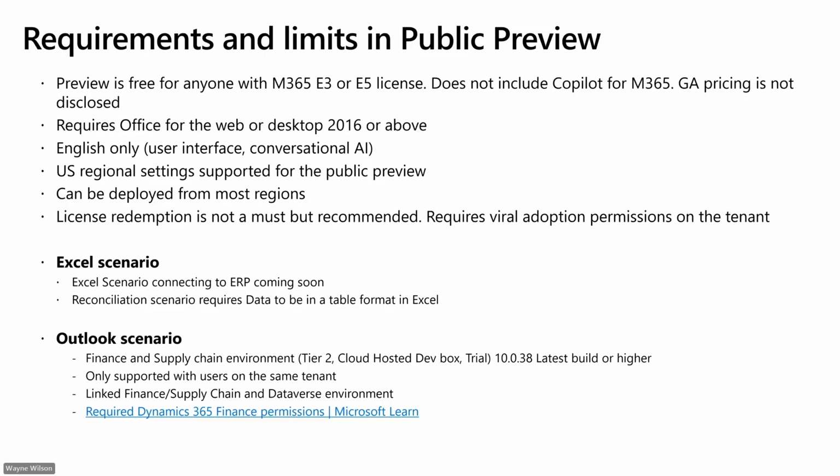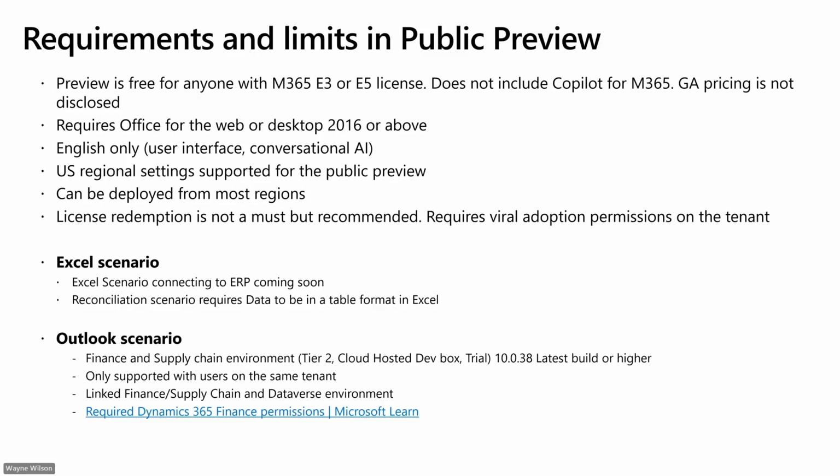If I look at Outlook, there is currently a connection in the public preview to Dynamics 365 Finance and Operations. Due to that, there is a requirement that you need to have a Power Platform integration link between a Dataverse environment and an FnO environment.